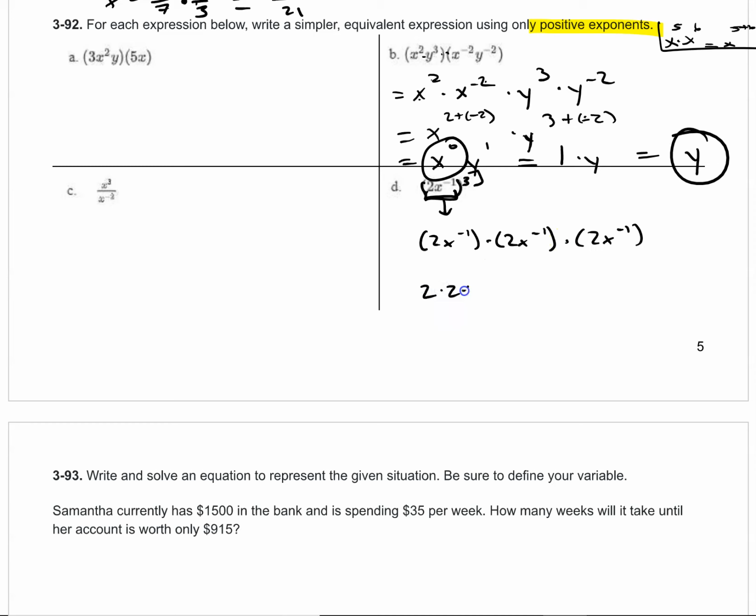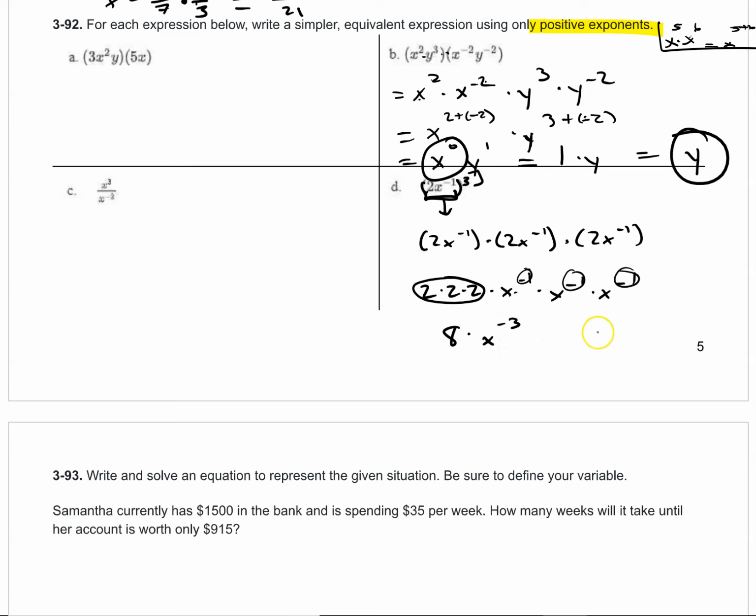We have 2 times 2 times 2 times x to the power negative 1 times x to the power negative 1 times x to the power negative 1. 2 times 2 times 2 is 8. Times x times x times x is a single x. But again, this rule, if we multiply two x's, the exponents are going to add. So what do we get if we add all these together? Negative 3.